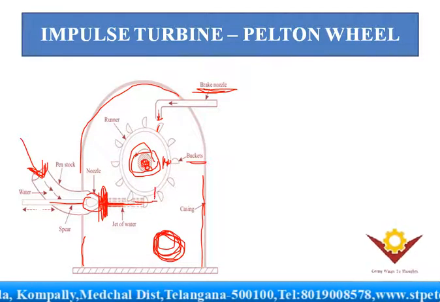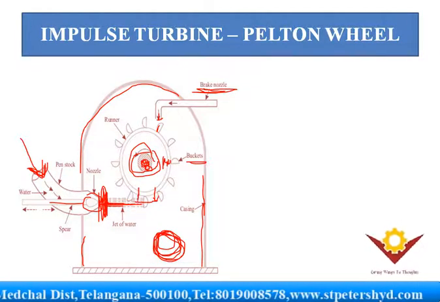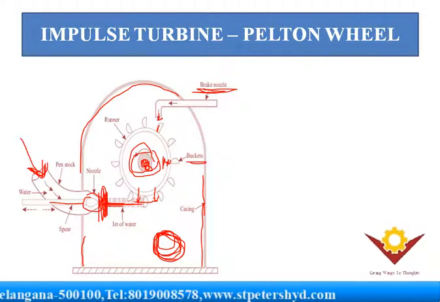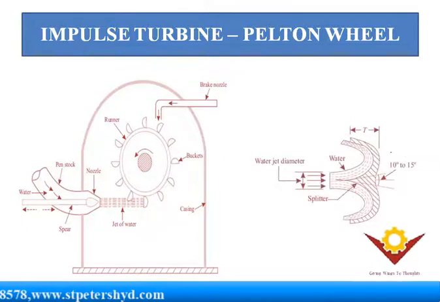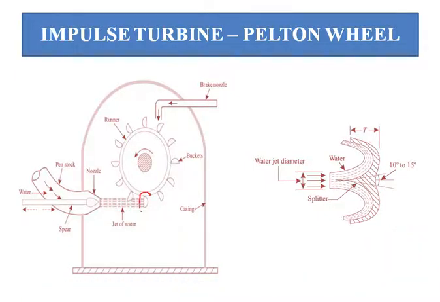And now if you section this bucket, how is it going to look? You can see here, this is the section of your total bucket. So a single bucket, like this section part. Here you can see the curved shape, and in the middle we have a splitter.